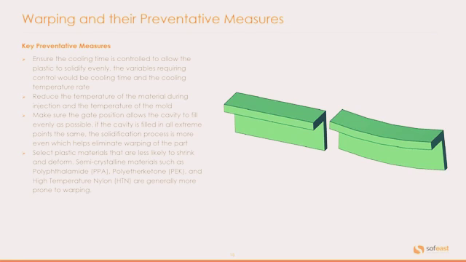If the cavity is filled in all extreme points the same, the solidification process is more even, which helps eliminate warping of the parts. Select plastic materials that are less likely to shrink and deform. Semi-crystalline materials such as PPA, PEK, and high-temperature nylon are generally more prone to warping.